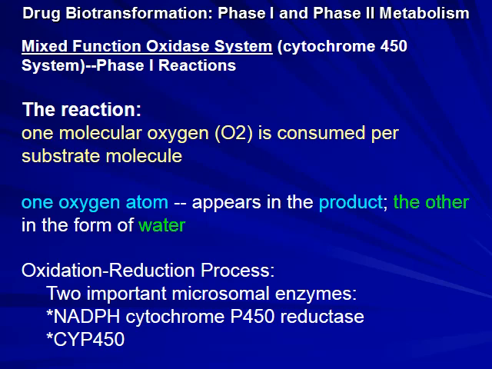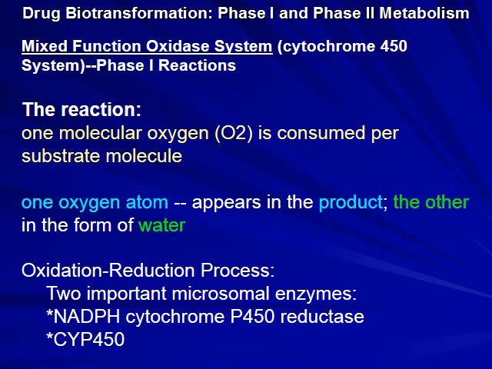But the mixed function oxidase needs a coenzyme helper. So the CYP450 does the oxidation, but it needs an assister or a helping enzyme. When an enzyme helps another enzyme, it's called a coenzyme.